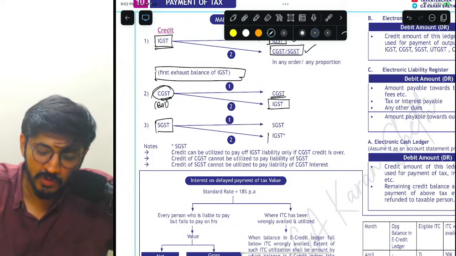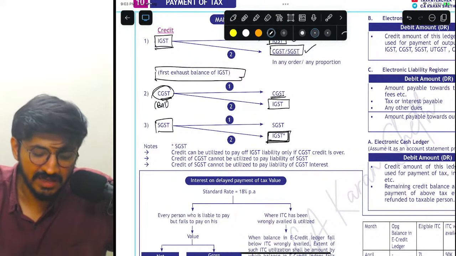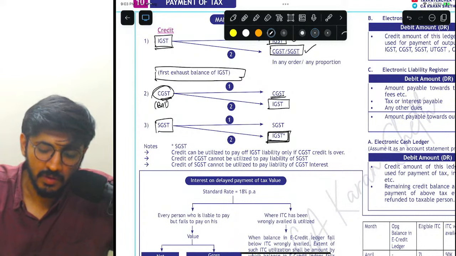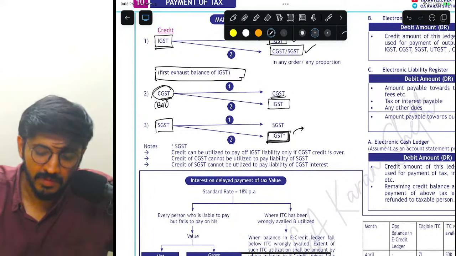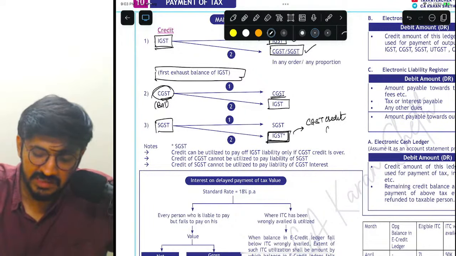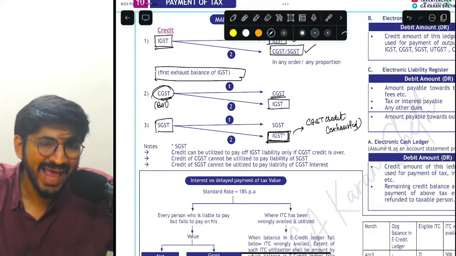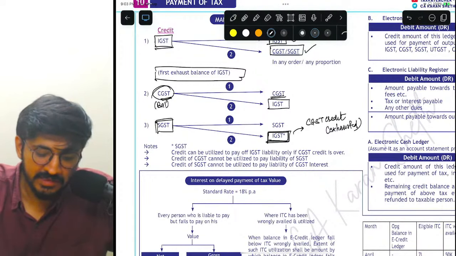But just make sure that while you are using it to pay off IGST, you've already used CGST credit. Only when CGST credit is exhausted will you ever think of using SGST to pay off IGST.